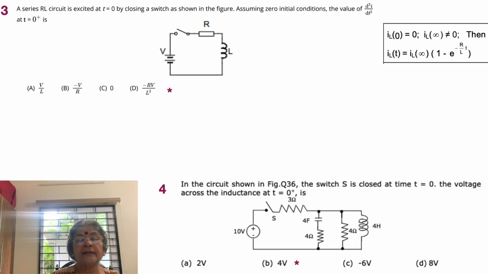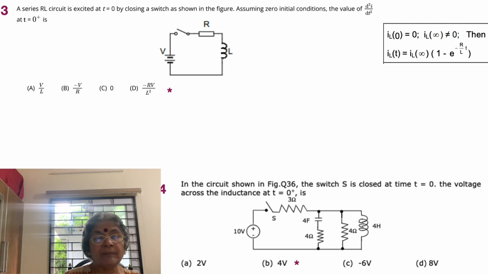The next derivative gives us, so of course R gets cancelled in the denominator, so it becomes minus V by, it becomes plus V by L. One more differential will give us again another minus R by L, and of course at t equal to 0, e raised to minus R by L t becomes 1. So the final result is going to be minus R by L, V by L square, and so D happens to be the answer.